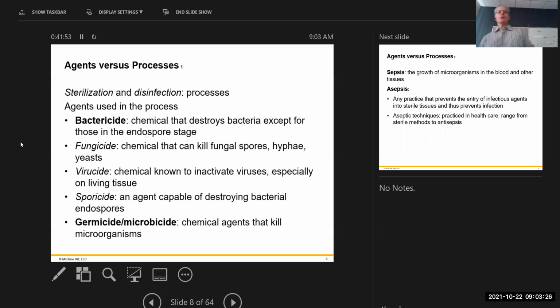If, however, they use the term stat or static, it means they inhibit the growth of. So fungistatic agents inhibit the growth of fungi, they don't kill fungi. Bacteriostatic agents inhibit the growth of bacteria, but they don't necessarily kill them. That'll be important when we look at antibiotics because some are bactericidal, some are bacteriostatic.